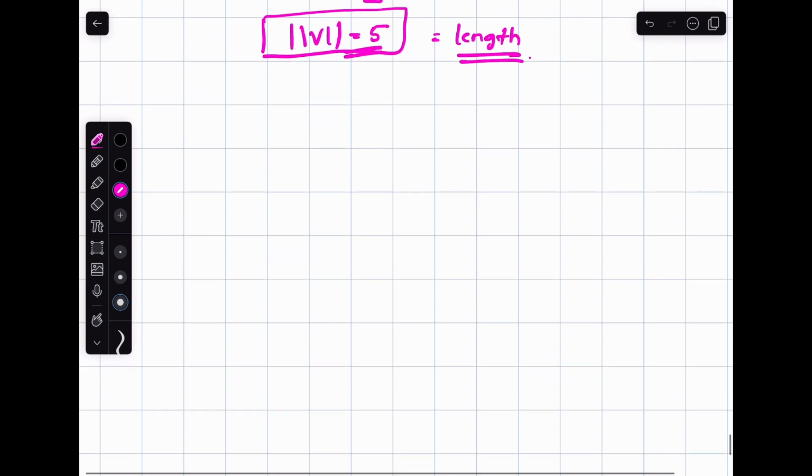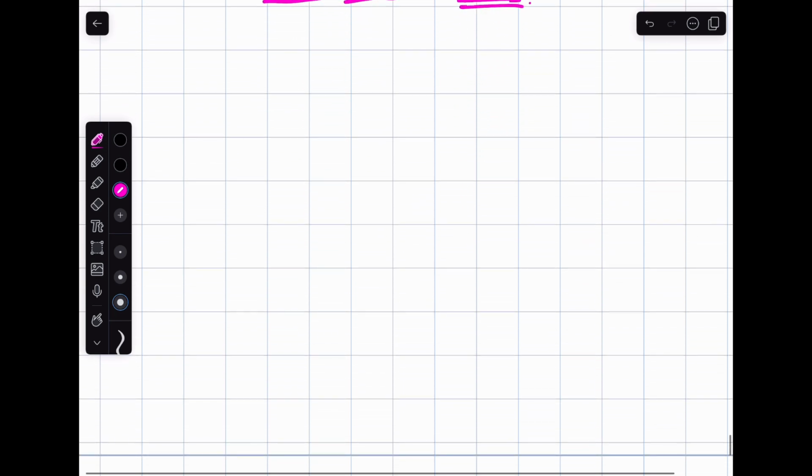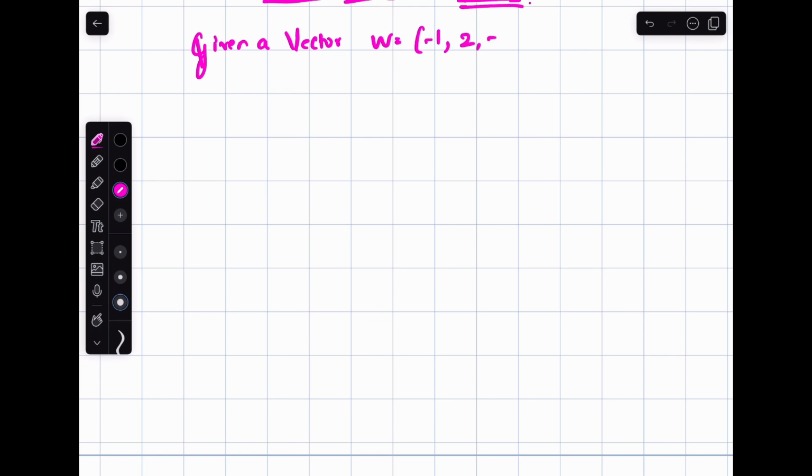Now let us see an example for Manhattan. Now we know what the Euclidean norm is, it is very easy. Given a vector w equal to (-1, 2, -3), find its Manhattan norm.